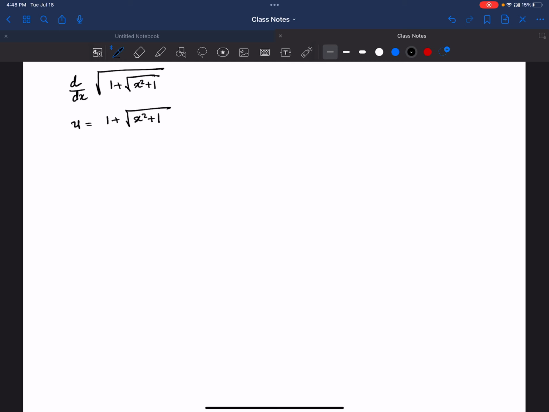And then you have to use the chain rule once again because you have an inside function in this one. So if I define my v as, let's say this is g of x, right?